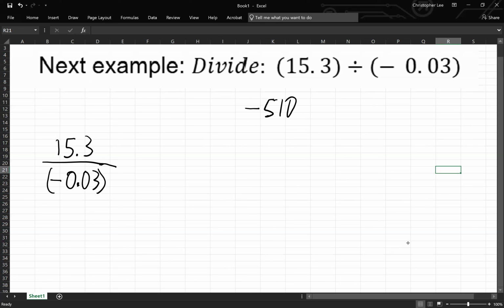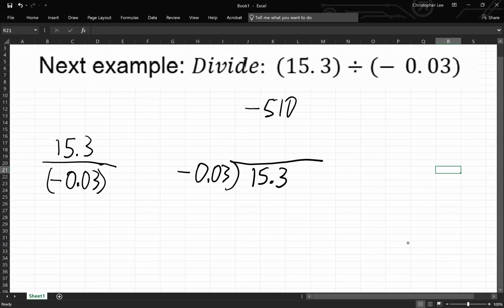Remember that whatever's in your denominator, that's going to go on the outside of your division sign, and in the numerator, that goes on the inside. Now I have a problem: I don't do decimals in division. I use whole numbers. So you have to convert this into a whole number.